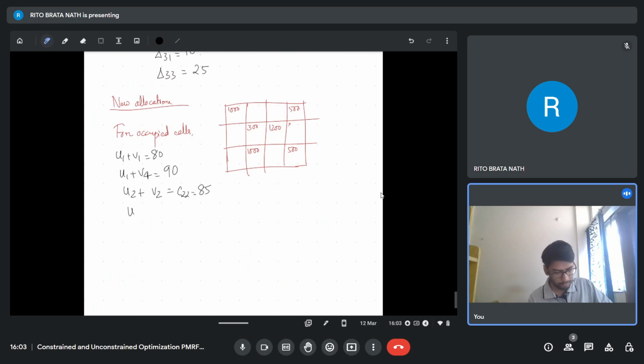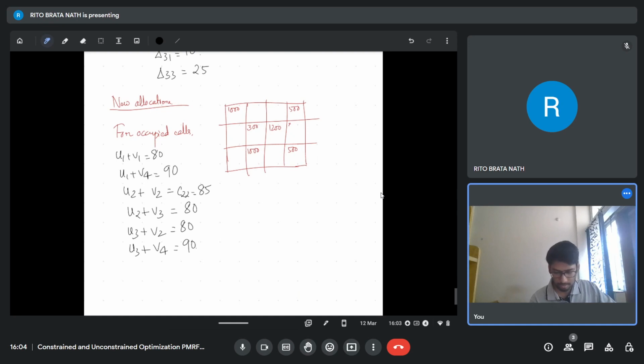Then you have U2 plus V3, which is 80. Then you have U3 plus V2, which is 80. Then you have U3 plus V4, which is 90, right?